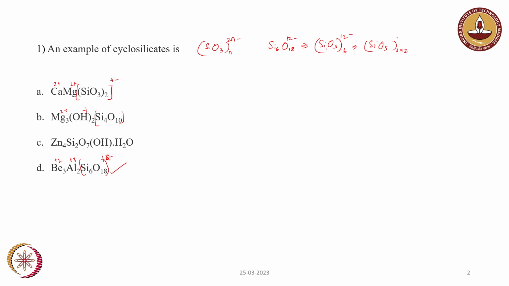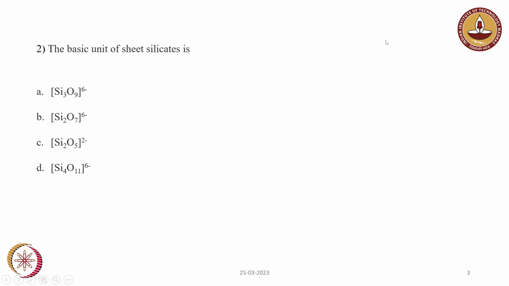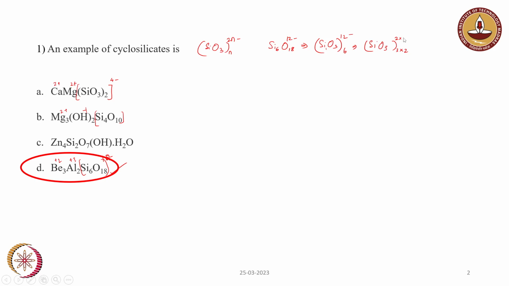and 12 minus is 2 into 6 minus. Oh, sorry, n is 6, so this should be 6.